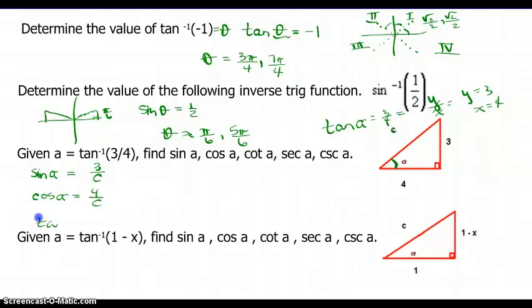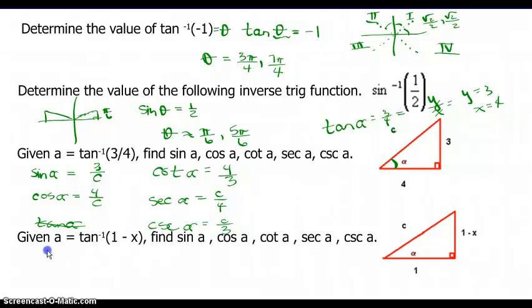The tangent of alpha, which it didn't ask for, sorry about that. The cotangent of alpha, which it asked for, is going to be 4 over 3. The secant of alpha is going to be c over 4, and the cosecant of alpha is going to be c over 3.